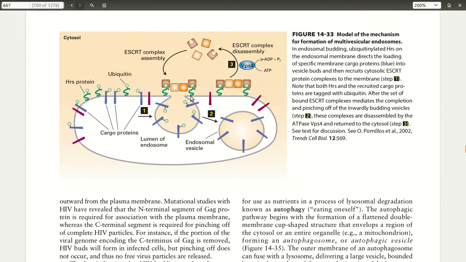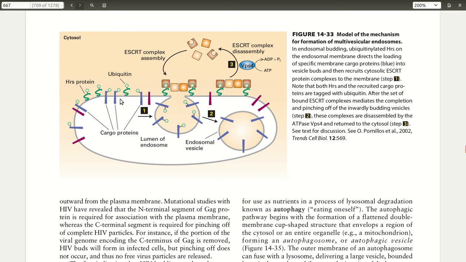And so the way that the endosome will process these proteins that are to be degraded, it uses these HRS proteins, and also these cargo proteins that are to be degraded in blue. Notice they're all ubiquitinated, so they have ubiquitin attached to them.